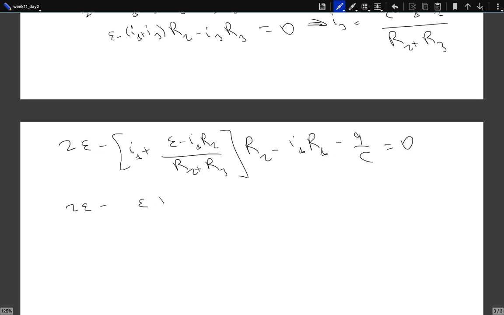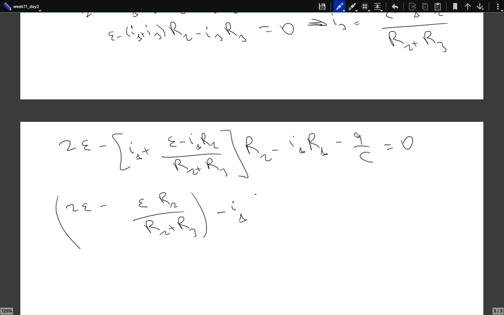2 epsilon minus epsilon R2 over R2 plus R3. Then there are terms that depend on I1, like this one and that one. Let me write those terms.